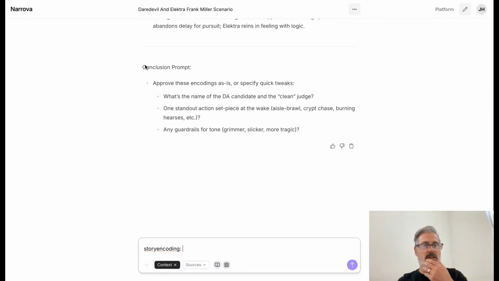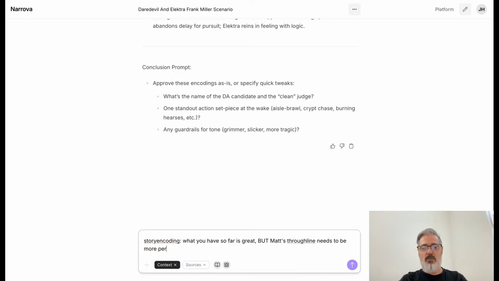I will do a drop down here, like a model picker thing where you can pick story encoding. Story encoding. What you have so far is great, but Matt's through line needs to be more personal.